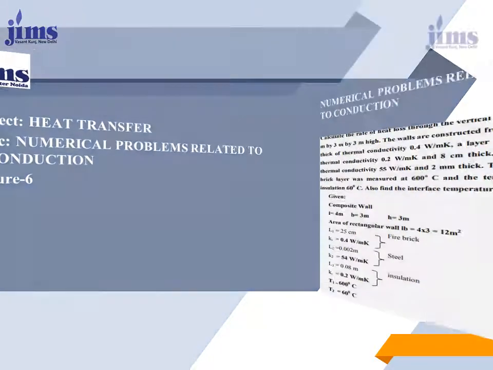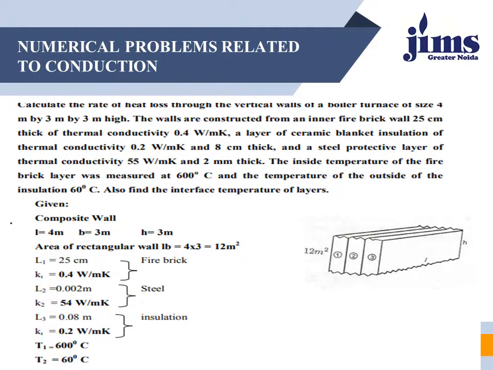Let's start with the first numerical problem, which is based on a composite wall. Calculate the rate of heat loss through the vertical walls of a boiler furnace of size 4 meter by 3 meter by 3 meter high.